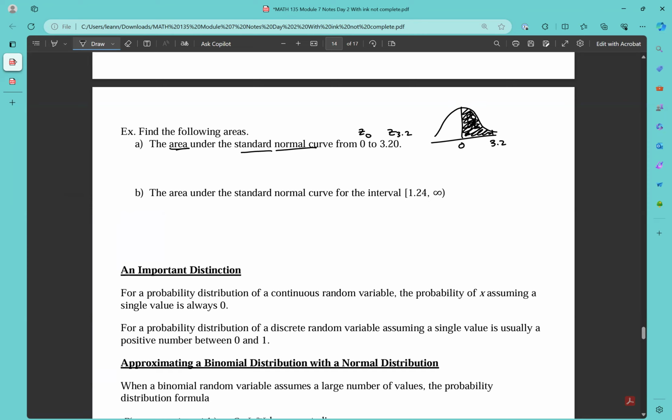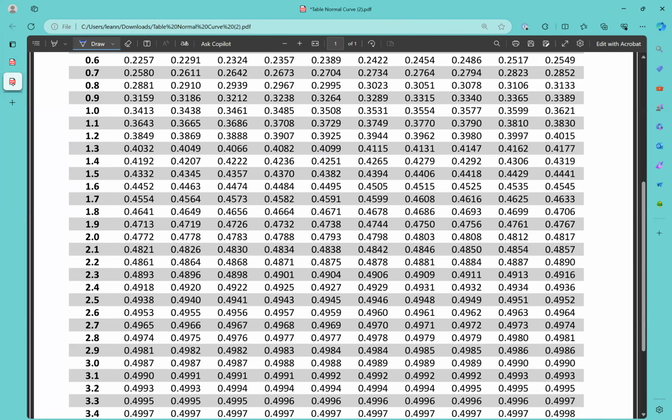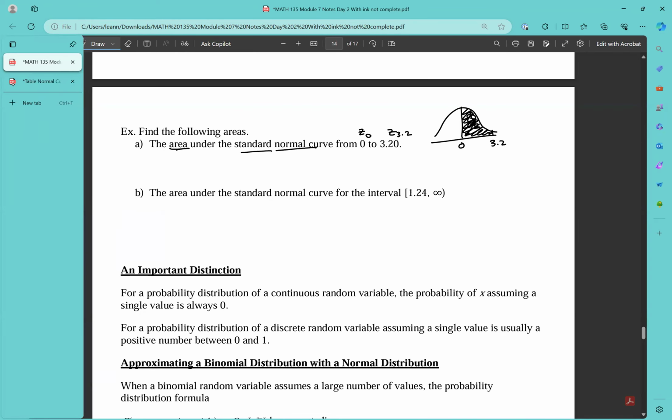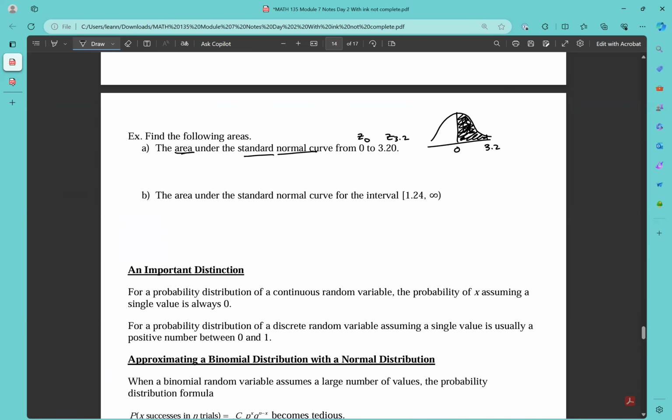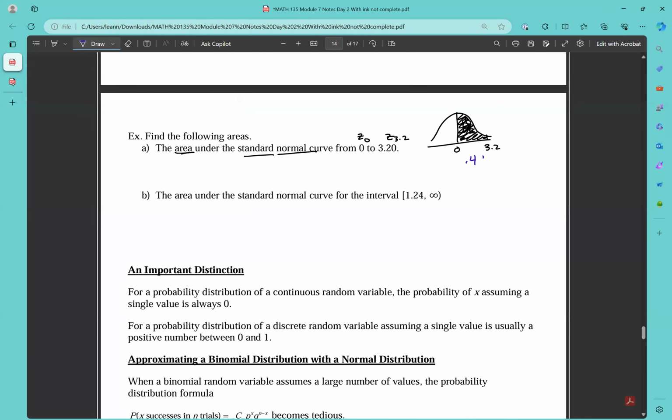Okay, so we need to just look this up. It's directly from the table. So 3.2 and 0, remember that is exactly what the table tells us. That's 0.4993. Okay, so it's an exact table reading.